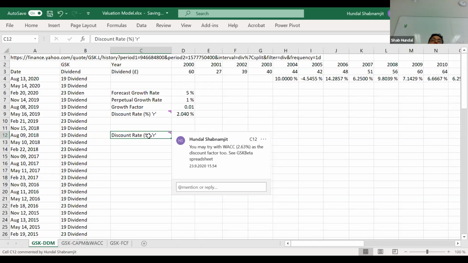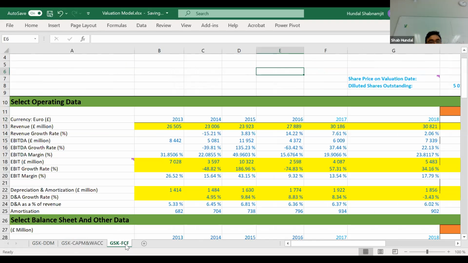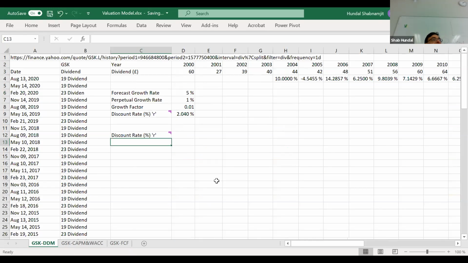So in that case, I recommend that you use weighted average cost of capital. And in fact, in the third spreadsheet, which is another method, I used WACC as the discount rate for making the calculation for GlaxoSmithKline. Now I start.